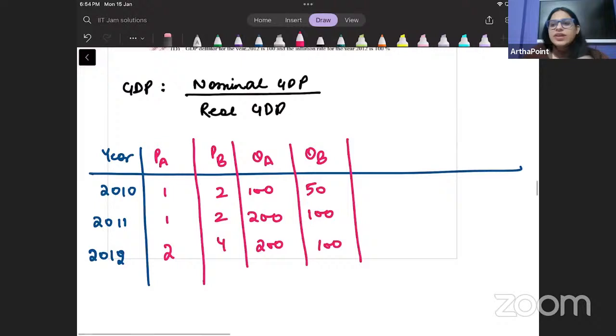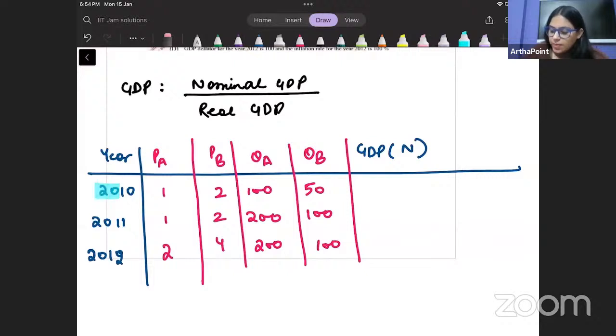Right? Now what I can do is I can find out my GDP of the nominal part, right? Nominal GDP is always when you multiply your quantity with the current year prices. So for 2010, nominal GDP will be 1 into 100 plus 2 into 50. That means it will be 200.